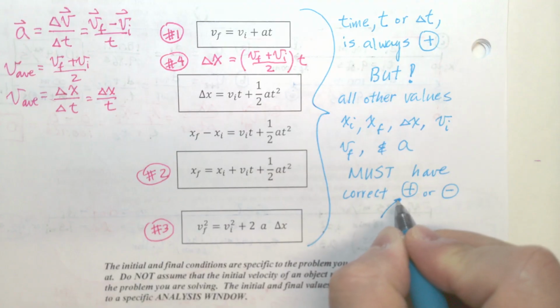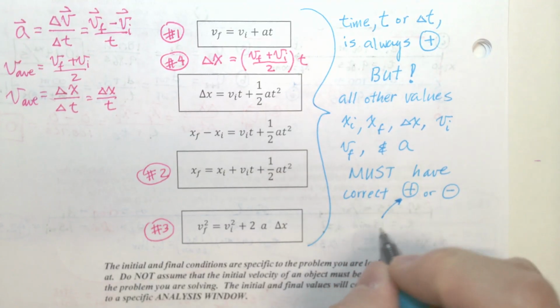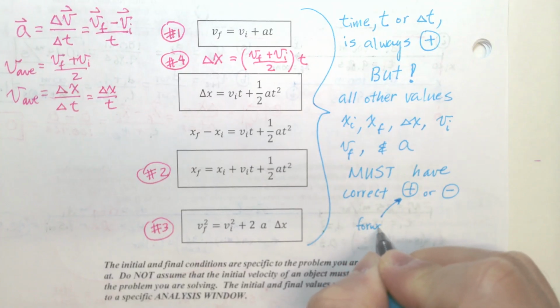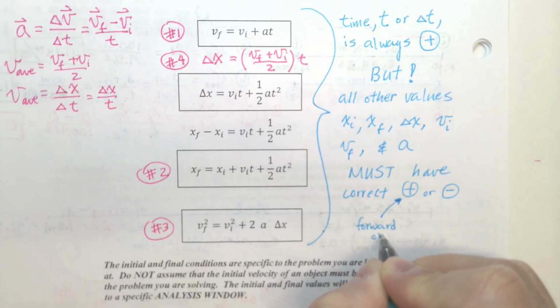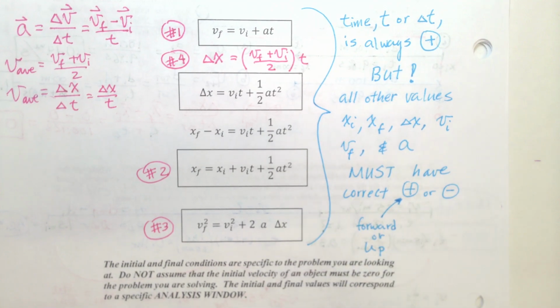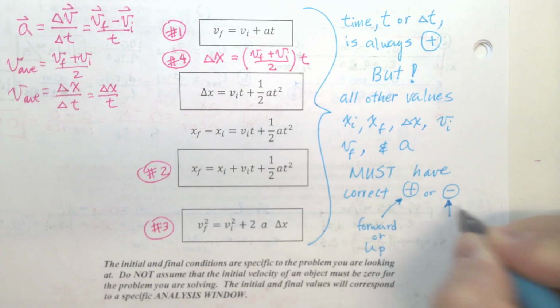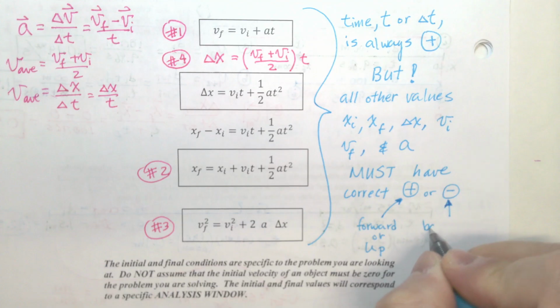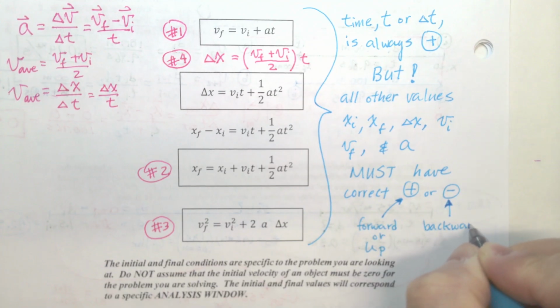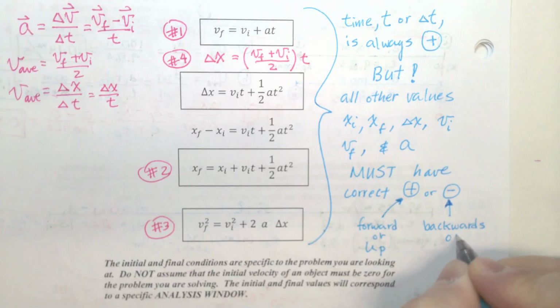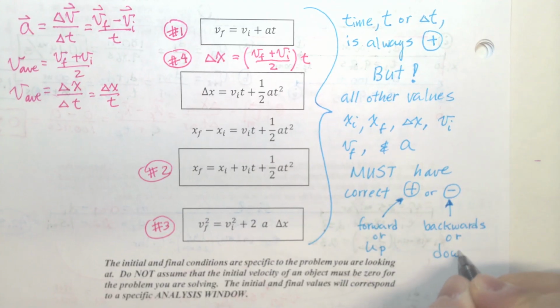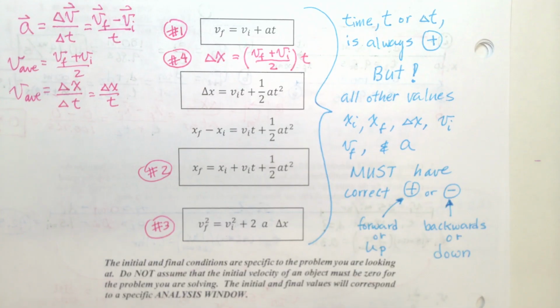Plus, we're going to consider as the forward direction or up. Negative direction, or minus direction, we're going to call backwards or down. That's very, very important.